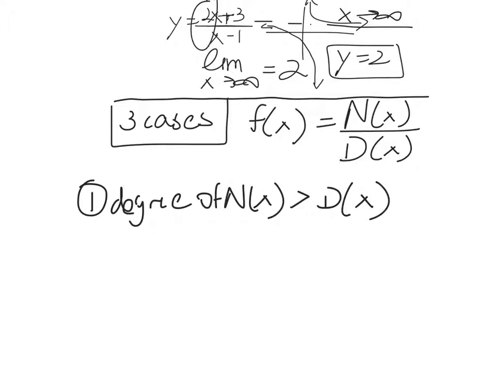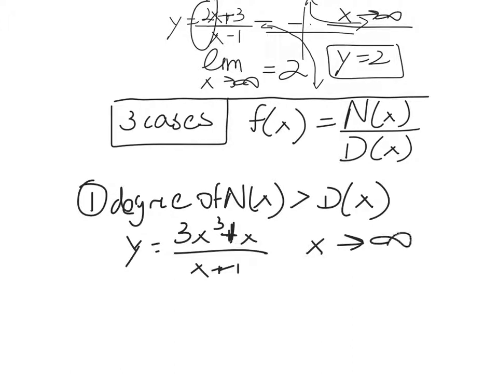So something like y equals 3x cubed plus x over x plus 1. Something like that. Now, as x is going out to infinity, what's happening is the top is becoming a lot bigger than the bottom, right? If I cube infinity and then add infinity, but I divide by just infinity plus 1, then this is going off to infinity. So y would go to infinity also. So then there would be no horizontal asymptote.